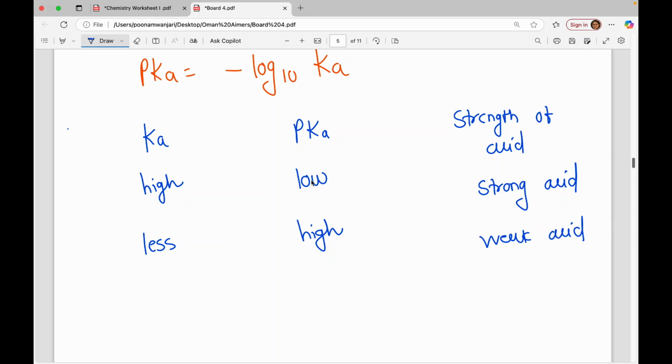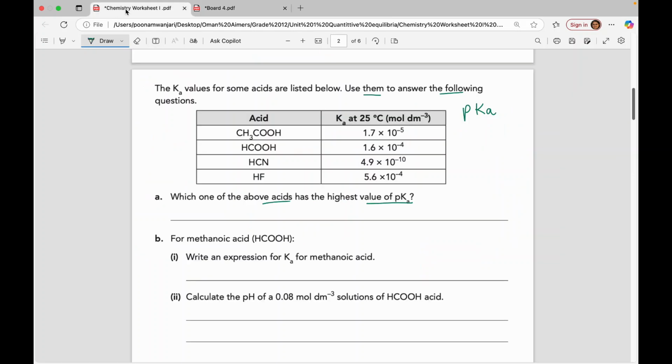So this table is very important. Note down this table, because if you do not want to calculate pK, from this also you can easily get it. Now in this table, HCN value is 4.9 into 10 to the power minus 10.